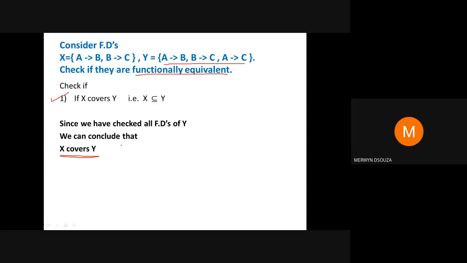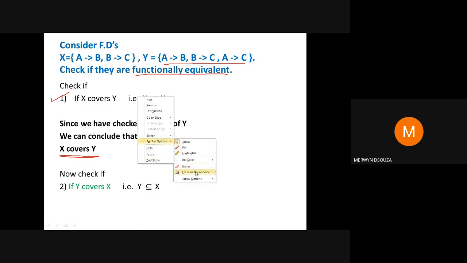Now we need to check the second condition, which is whether Y covers X. In the same way, we need to take each FD of X and find the attribute closure for the left hand side using the FDs of Y. And if in the end Y covers both the FDs of X, then we will conclude that X and Y are equivalent.